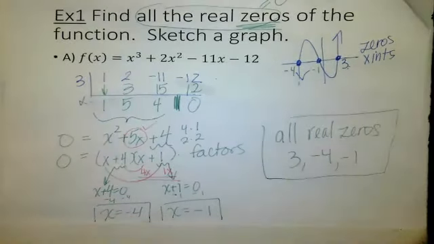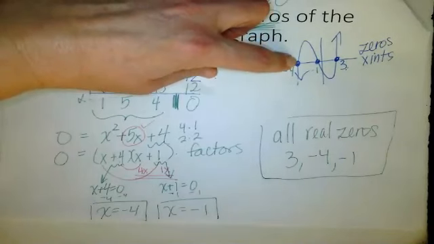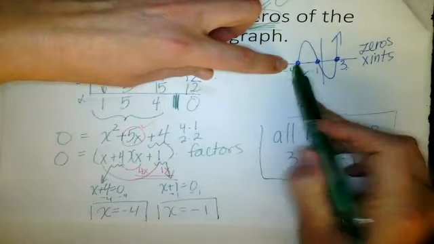Can we just use the numbers that we have? Yes, you could. That's the cheater's method. The cheater's method is to say, hey, the zeros are 3, negative 1, and negative 4. We knew that right away. Yes, that's just checking your work. So we know the zeros right off the bat.